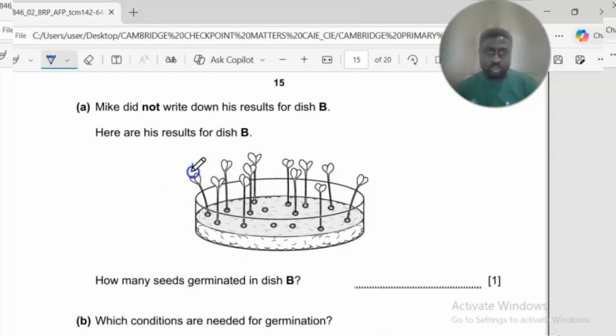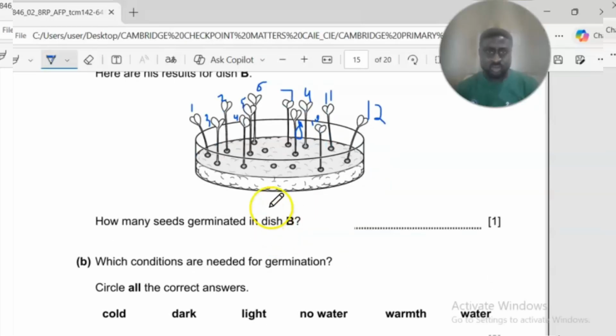So this is 1, this is 2, 3, 4, in no particular order, 5, 6, 7, 8, 9, 10, 11, and 12. So 12 seeds germinated out of 15.